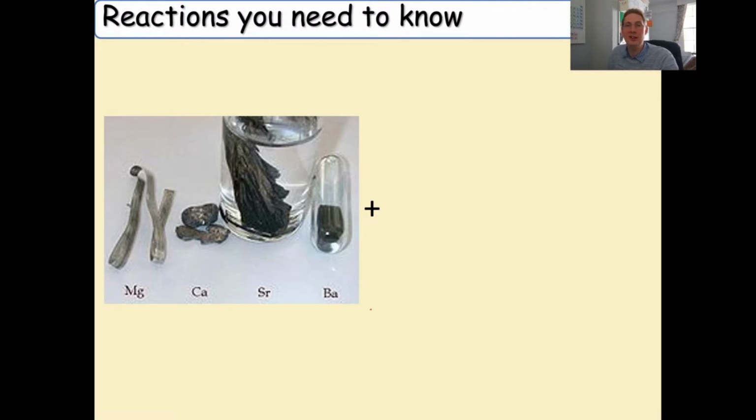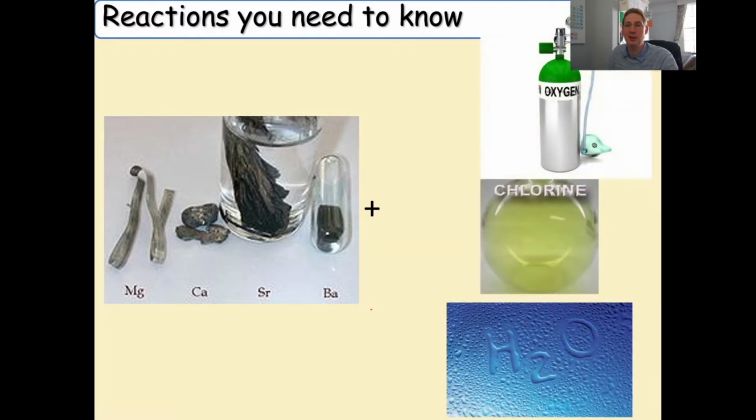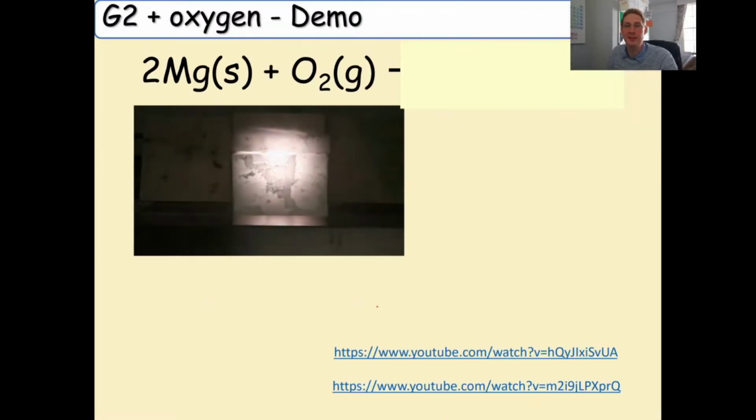The reactions you need to know, as it said in the spec, are magnesium, calcium, strontium and barium with oxygen, chlorine and water. Do you know these? Well, you know that when you burn magnesium in oxygen, you've seen this many times before.